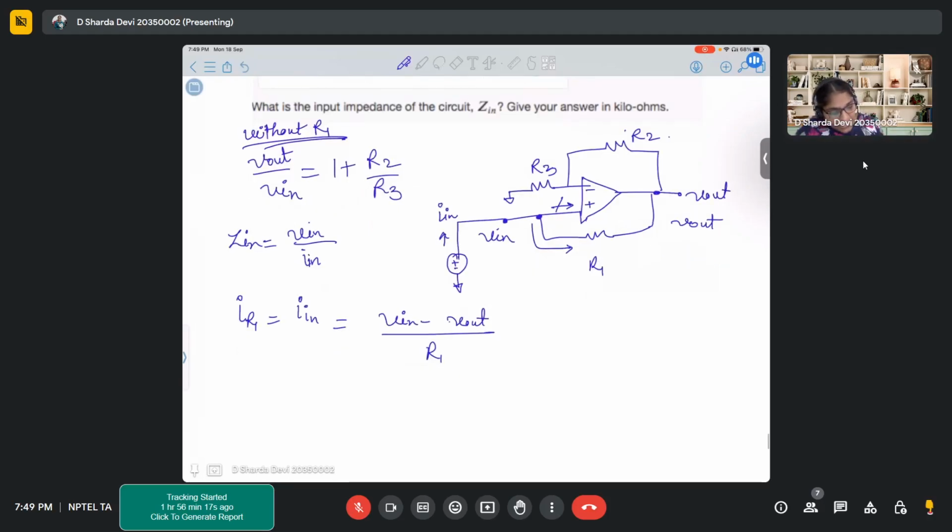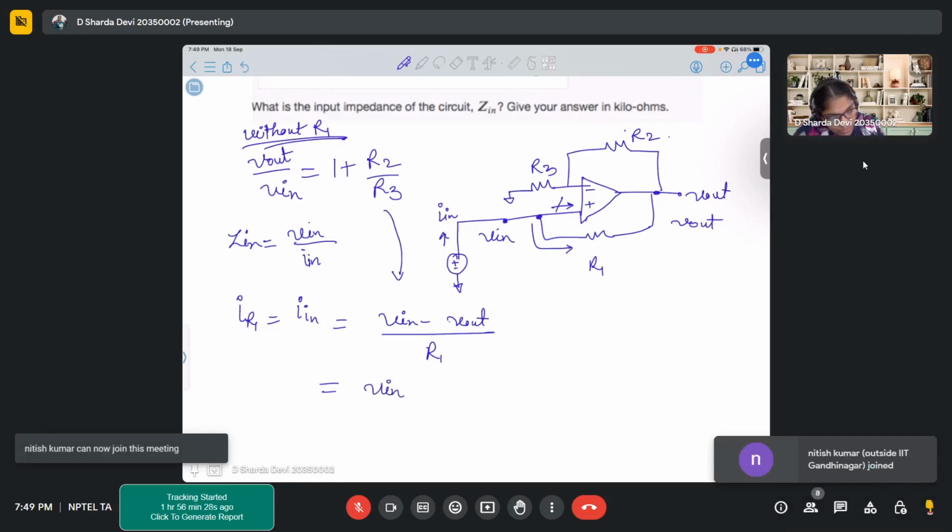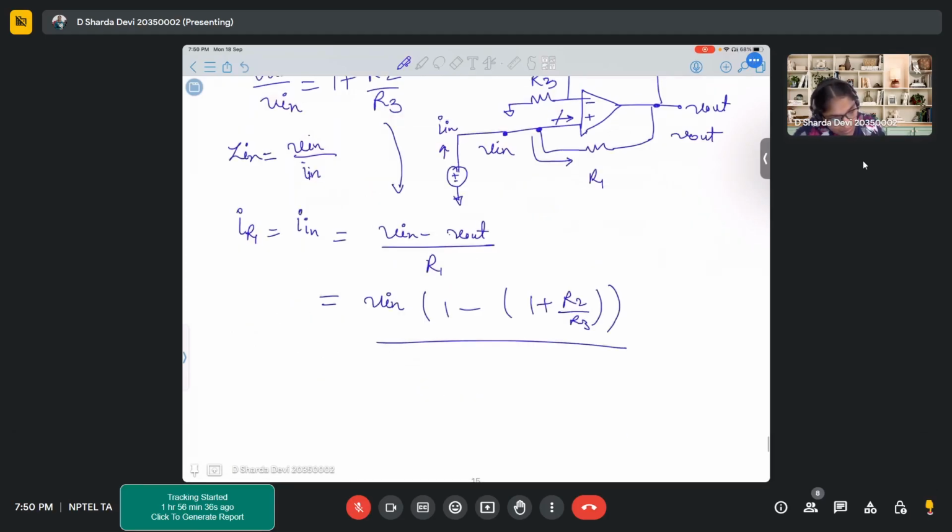So from here, let's say we are getting our Vout value. Vn times 1 minus (1 plus R2 by R3) upon R1 is In.